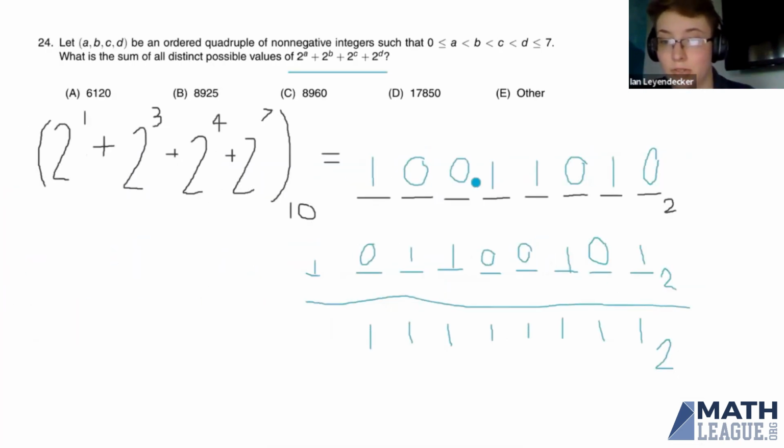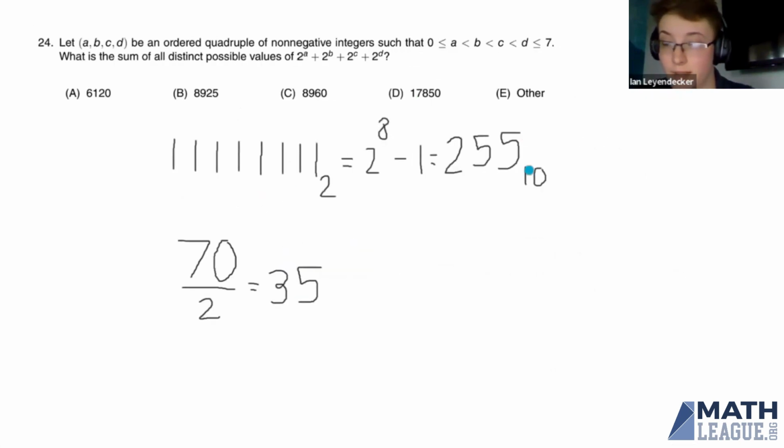Going back to this, we should also see that for every number in our set of 70 possible values, we can generate its matching twin, as we did here. And that set of two numbers will add up to 1111111 base 2, or 255 base 10.